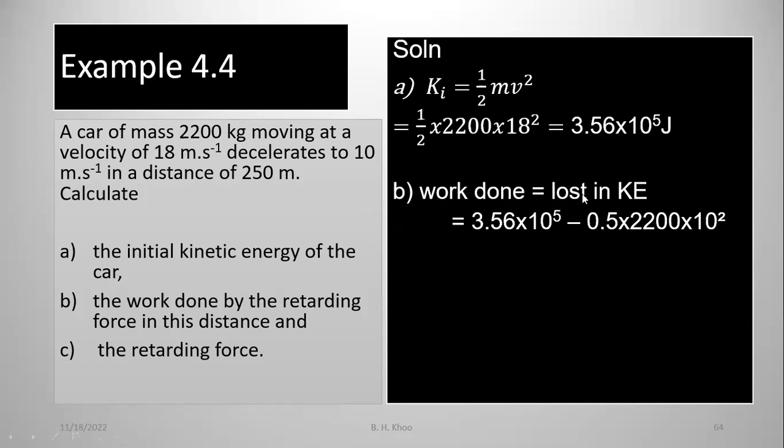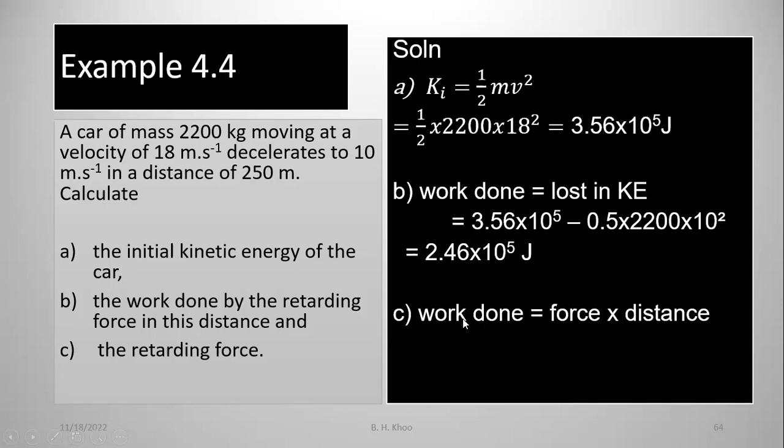Work done is the loss in kinetic energy, the initial kinetic energy which I calculated, minus the final kinetic energy, half mv squared. For the retarding force, work done is just force times distance, the distance moved or displacement. When I calculate F, it is 986 Newton. All these are in two significant figures, so I want to round it off to 990 Newton.